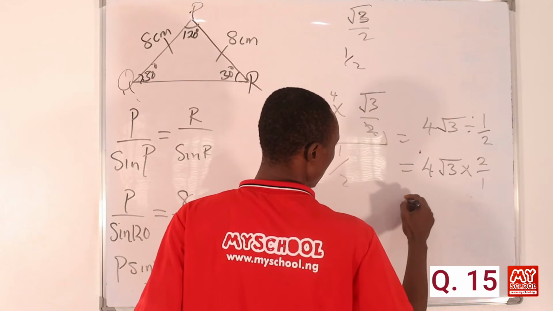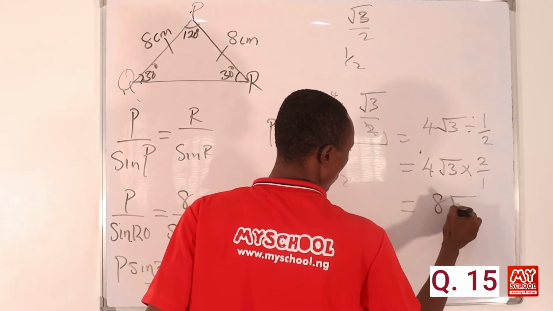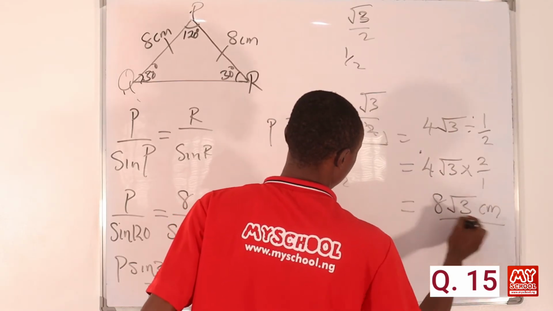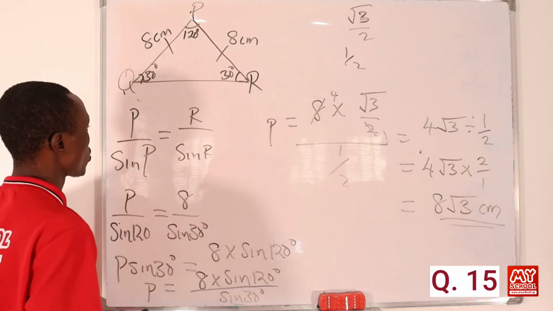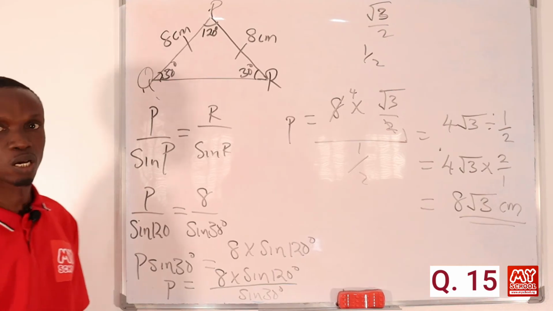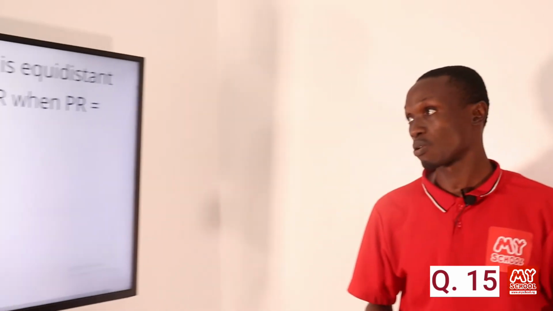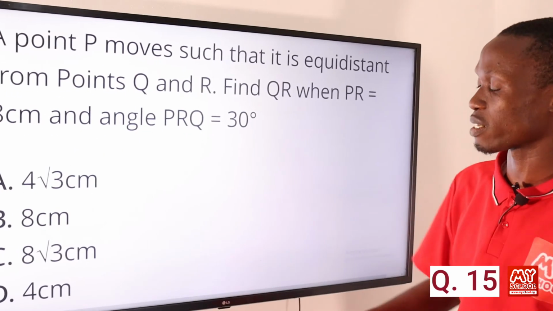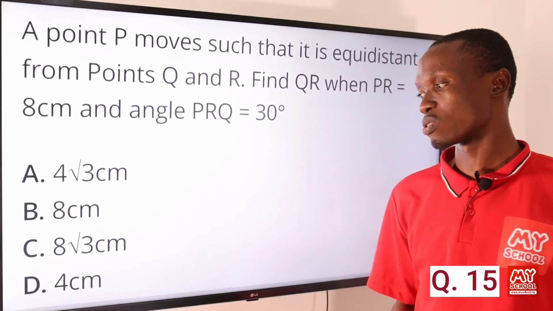So that at the end of the day, we'll be having 8 root 3 centimeter. Okay, so the distance between Q and R is equal to 8 root 3 centimeter. So let's return back to the screen to pick the correct answer to this question, and that is option C, 8 root 3 centimeter.